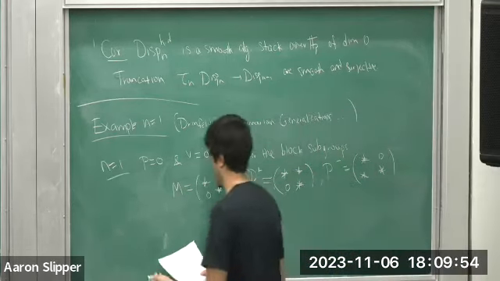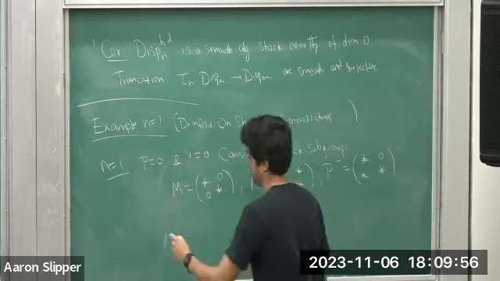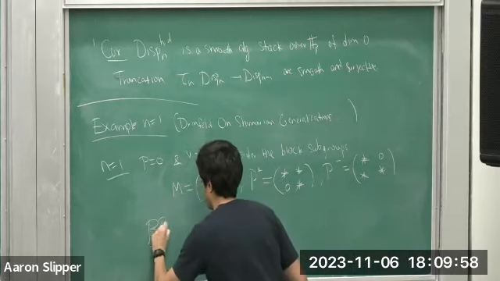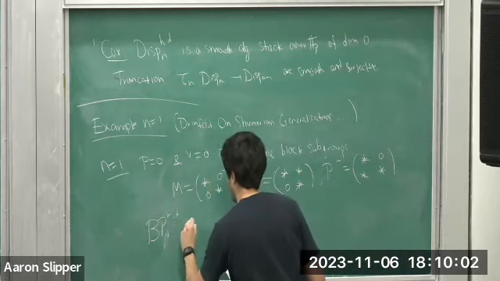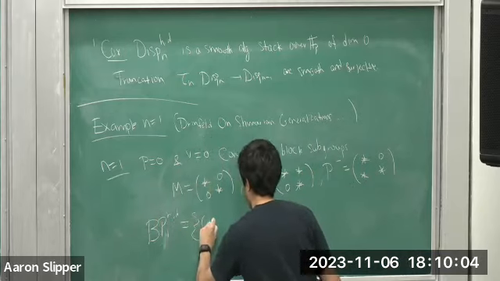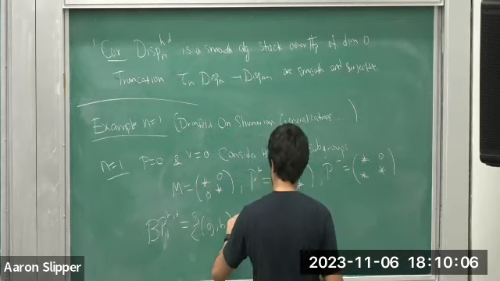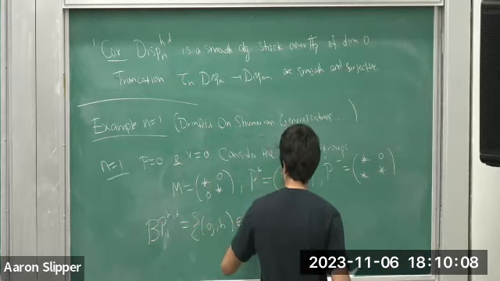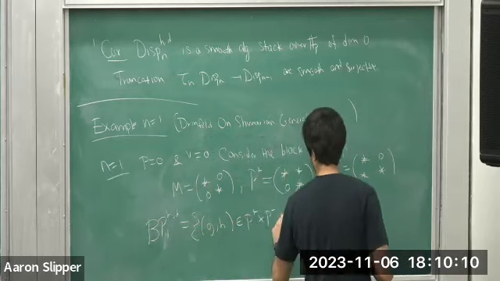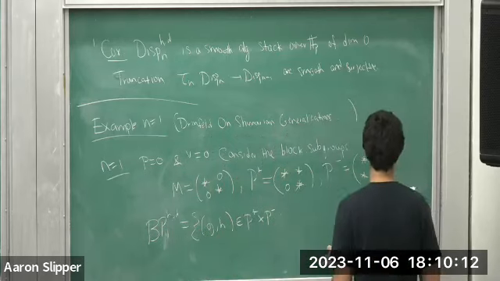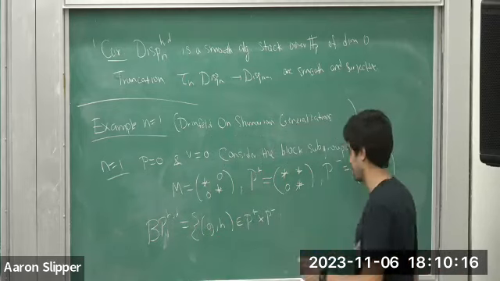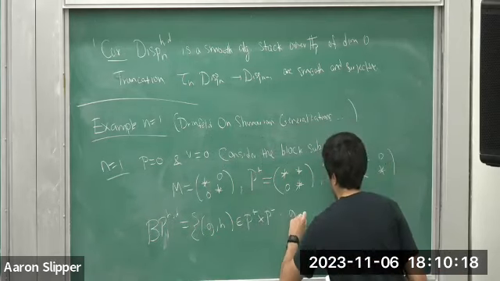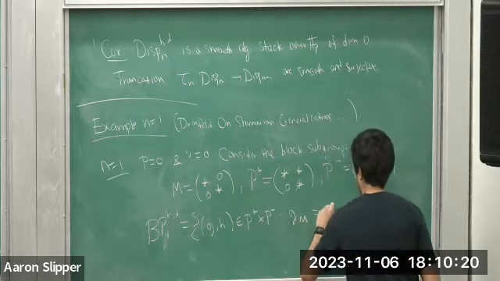And under this, the subgroup BP1 is just those pairs G and H in P plus times P minus such that one of their diagonals is the Frobenius of the other.